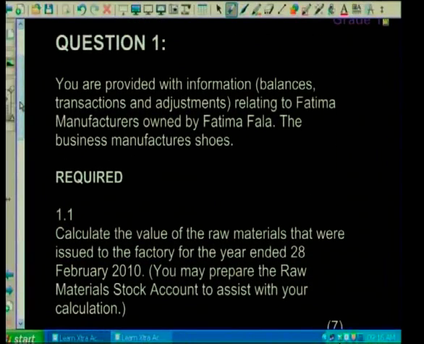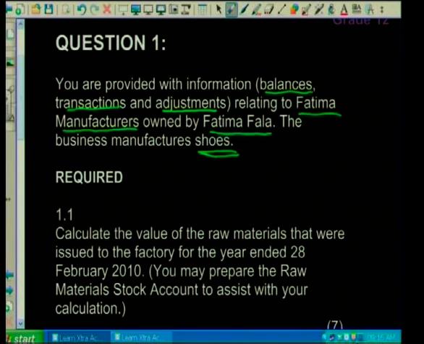Right, guys, our first question. You are provided with information, balances, transactions, and adjustments. So our information is made up of balances, transactions, and then adjustments relating to Fatima Manufacturers, and it's owned by Fatima Falla. The business manufactures shoes. So always, guys, highlight the product that the business makes or manufactures.